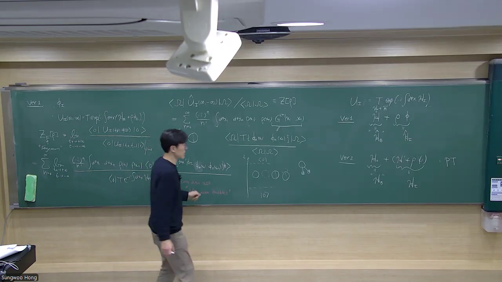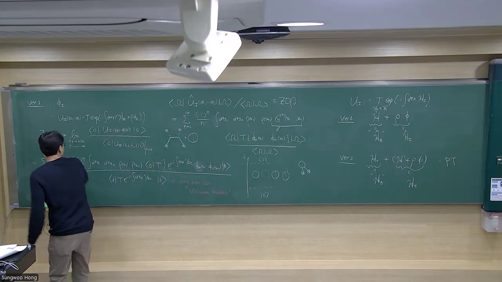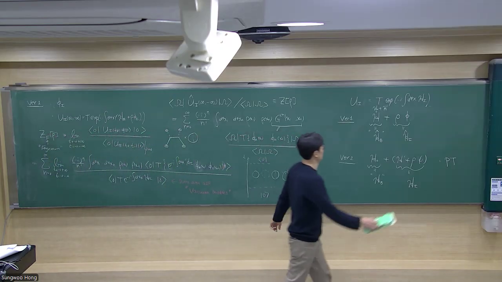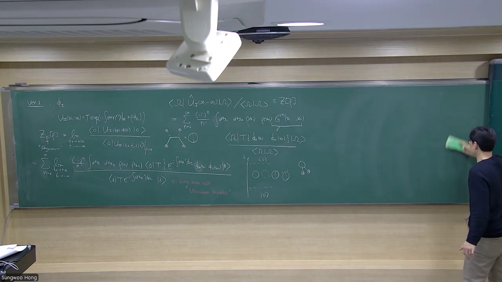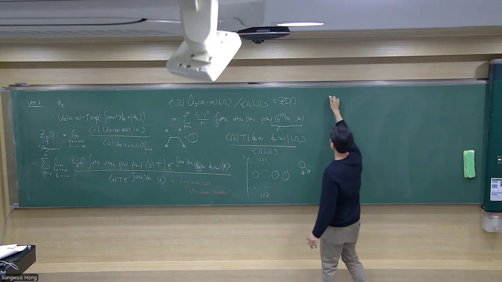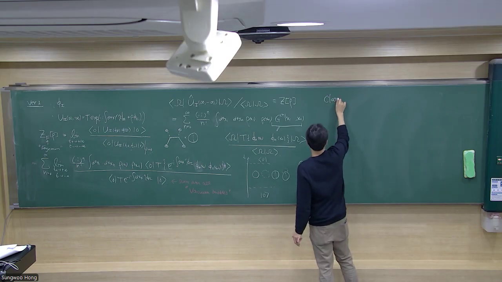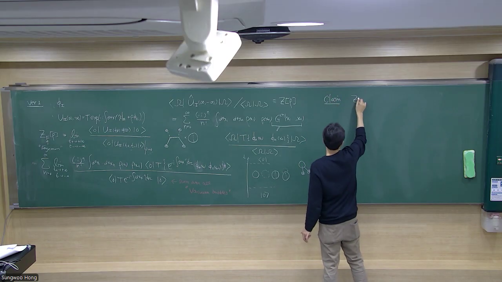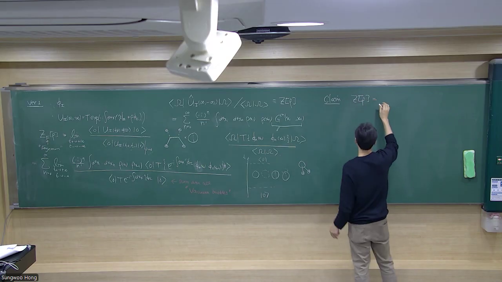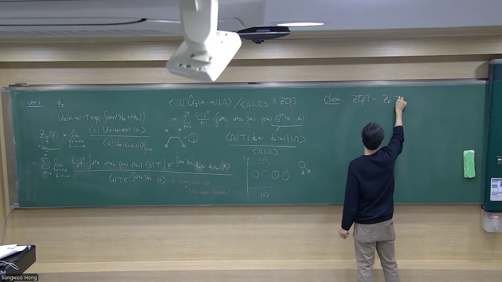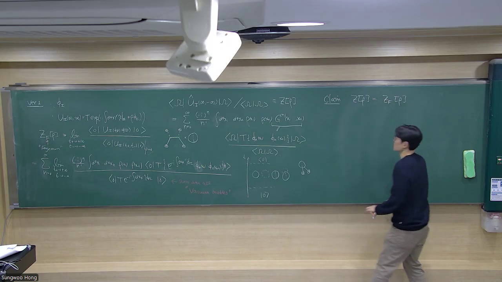Okay, so that's what we're going to do. So let's do it. The plan is this: the coefficient of the Green's function in terms of the Heisenberg picture is identical to this.